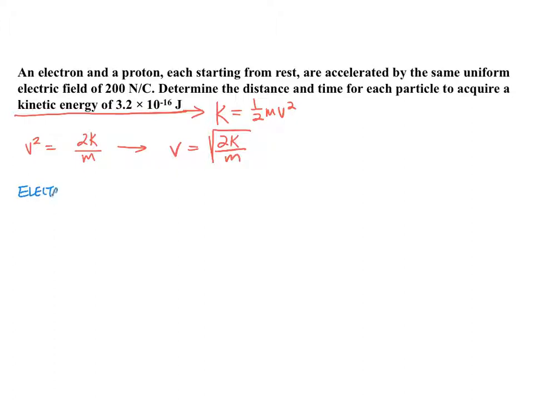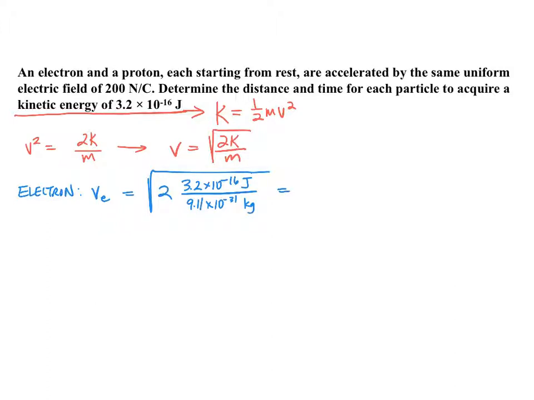So for the electron, the speed will be the square root of 2 times 3.2 times 10 to the minus 16 joules, over the mass of an electron, which is 9.11 times 10 to the minus 31 kilograms.